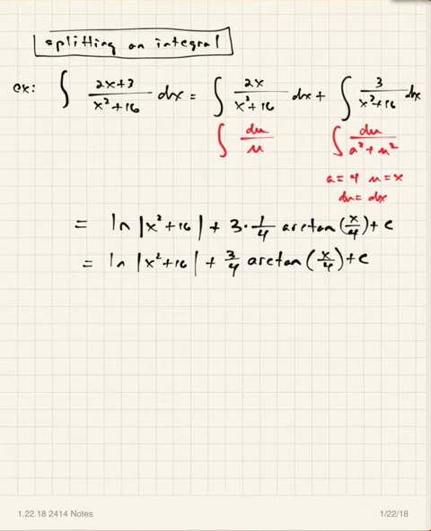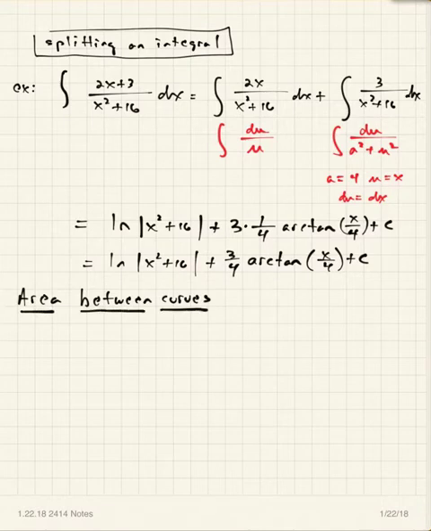All right, so now we are moving on to area between curves. So let me draw a couple of pictures, and then we're going to look at a couple of problems.